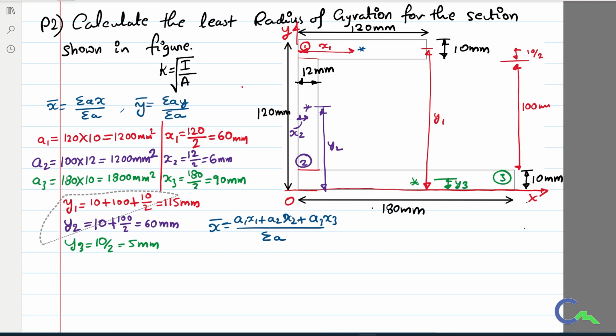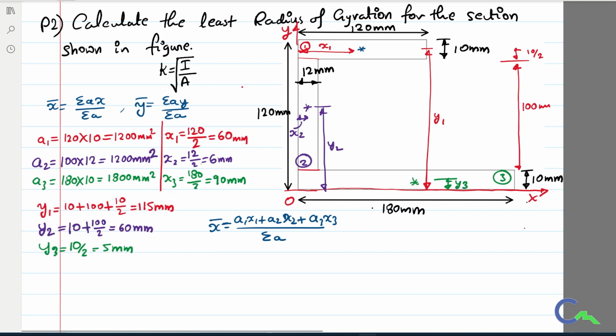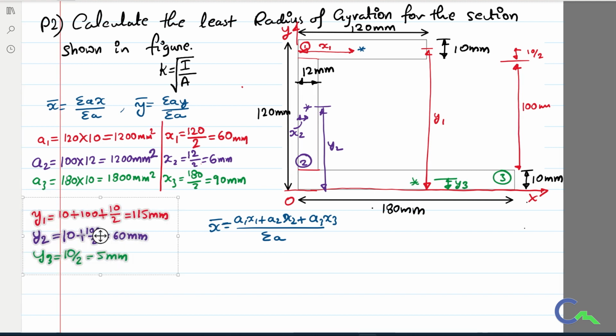Let us see what sigma a is here. That is the summation of all the areas: 1200, 1200 and 1800, which is nothing but 4200 mm squared.